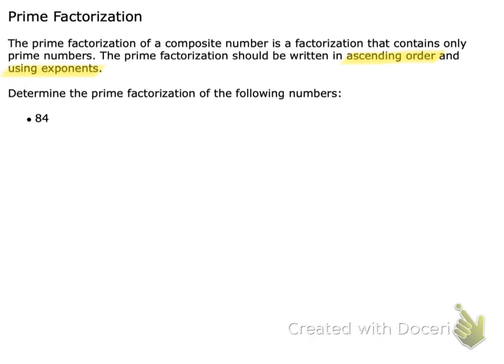So this is what we're going to do when we want to find the prime factorization. We're going to take our number and come up with 2 factors that would multiply to 84. It can be any 2 factors. You can choose to start with a prime number or you can come up with any 2 numbers you can think of. So 84, I need 2 numbers that multiply to 84.